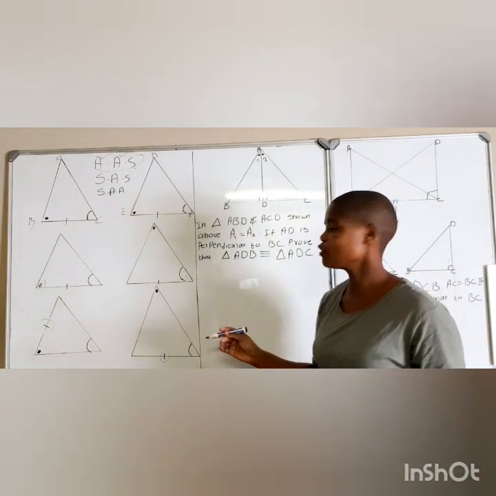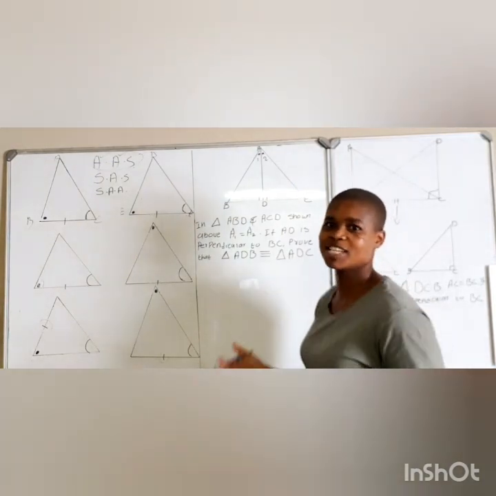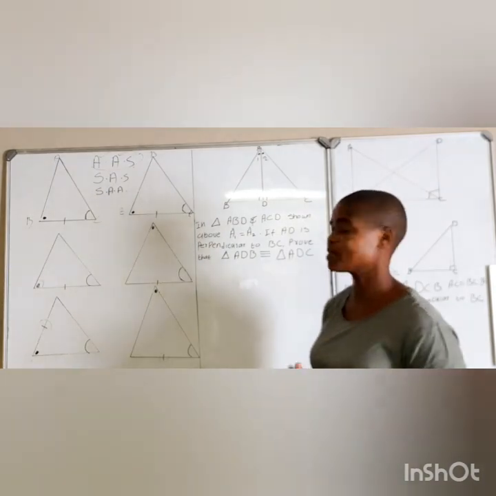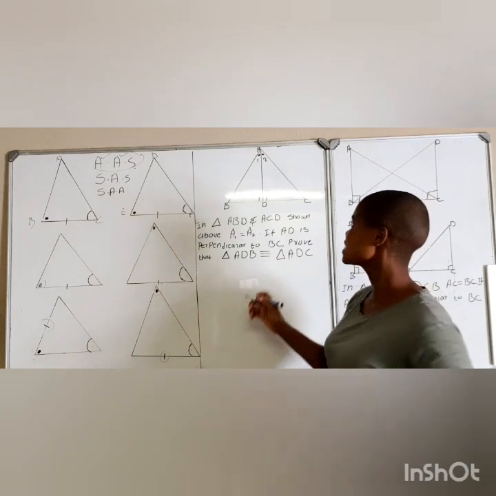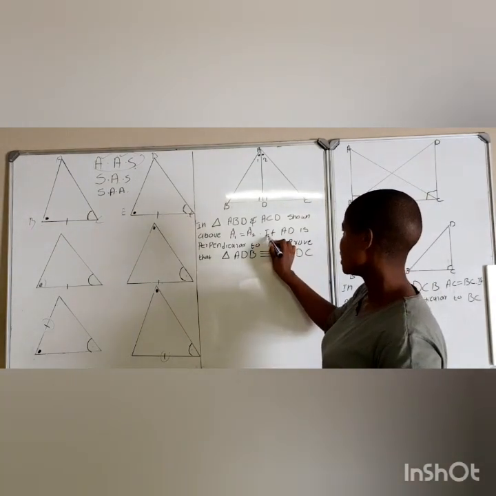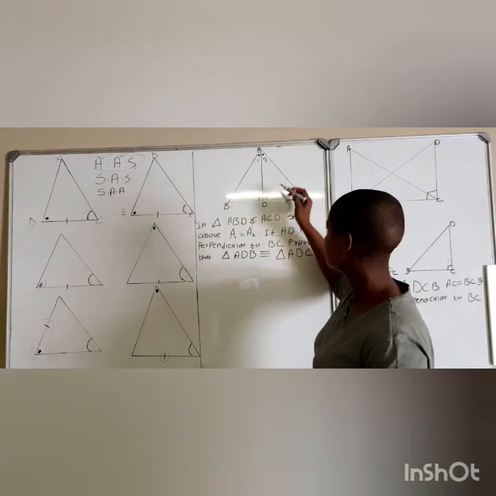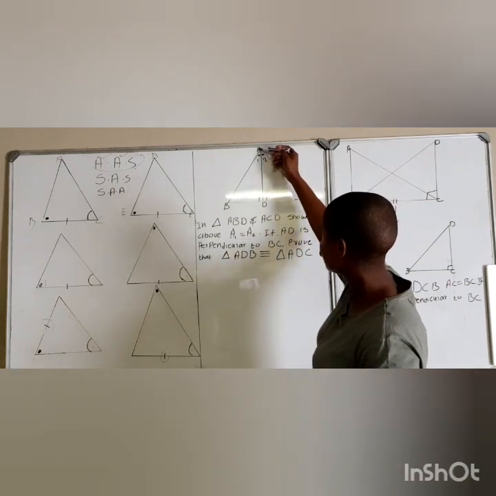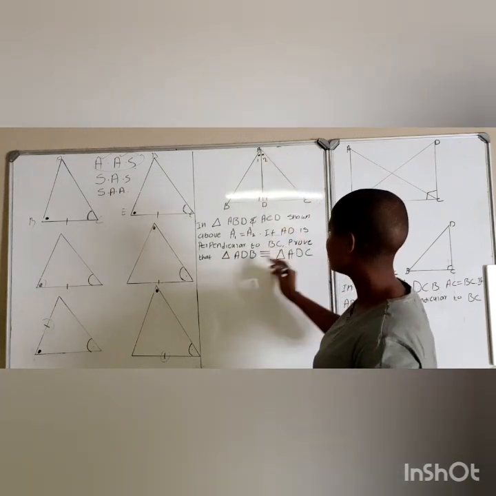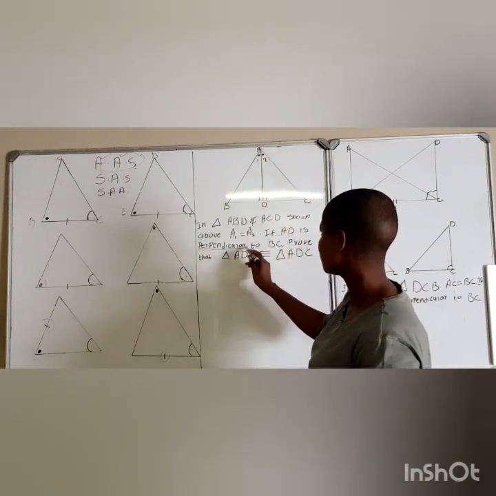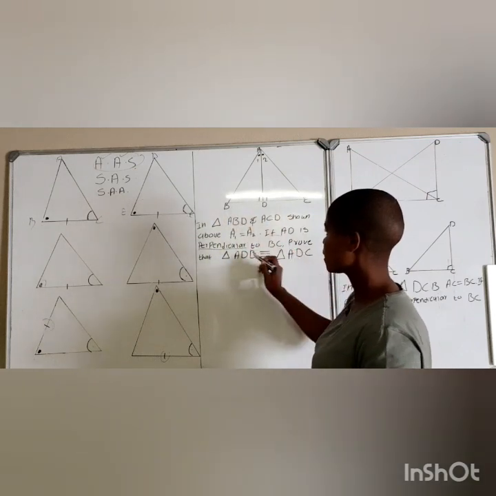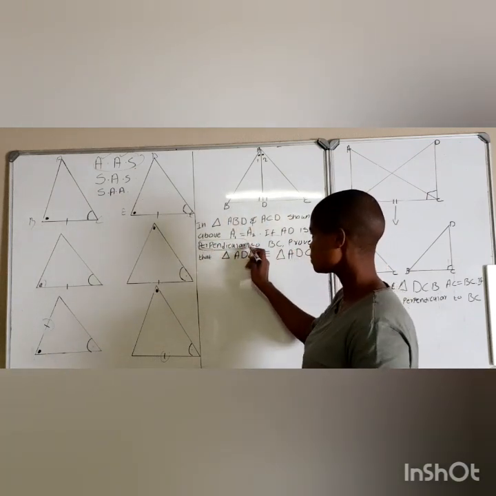Hooray! They gave us information. Isn't it nice to just be given information? Then you don't have to worry much about a lot of things. Now they say AD is perpendicular to BC.